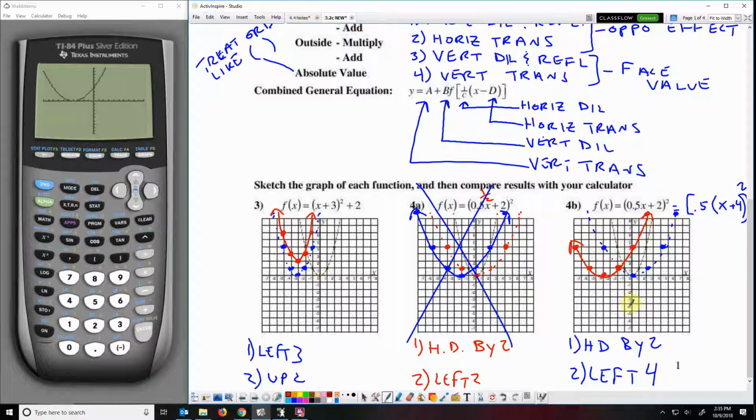So it looks more like that, and that matches what I've got in the graph. So we've got to be careful when we have a horizontal dilation and a horizontal translation. We have to factor out that dilation.